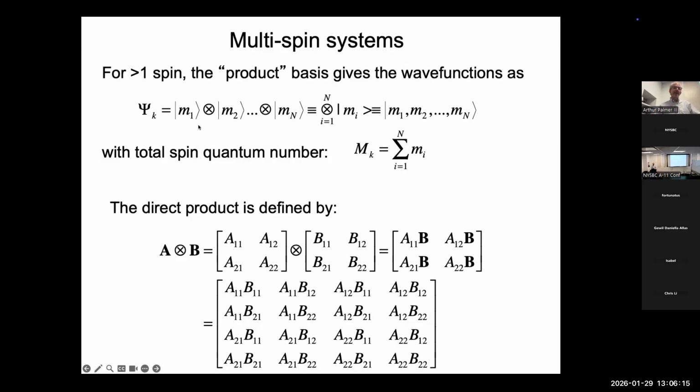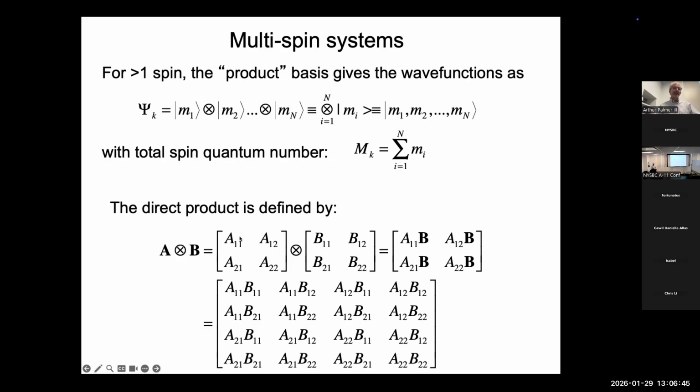And we can build up direct products of the kets or the bras, and we can build up direct products of the operators. First you can see here, the direct product for the vector is just a stack of all the individual vectors.